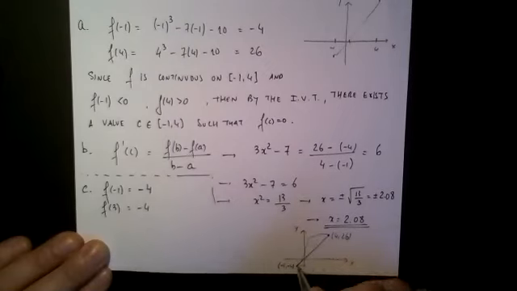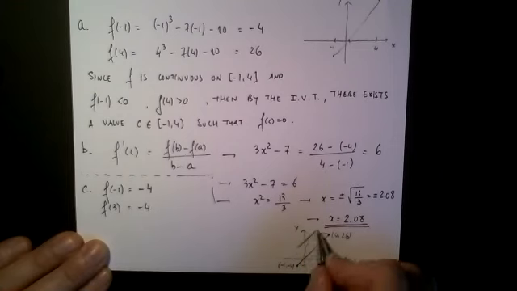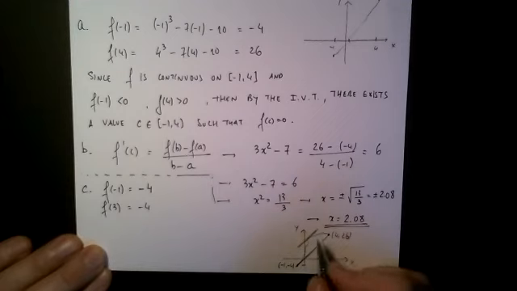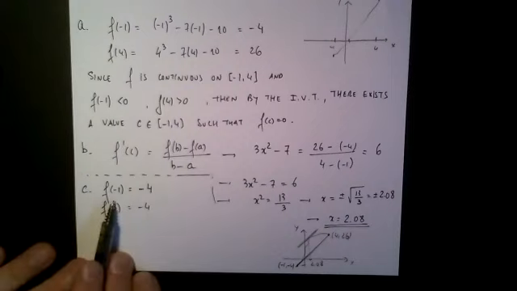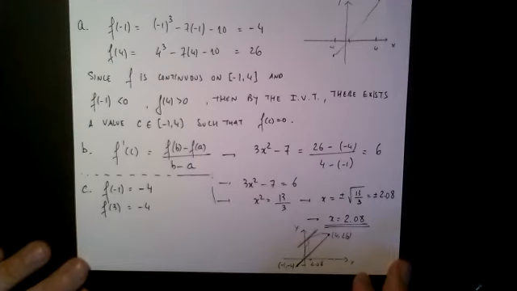There is a value where the slope is exactly the same, okay? This value here was 2.08. Okay, and now for C, since f of -1 is equal to f of 3, then for sure there is a value where the slope is 0, okay?